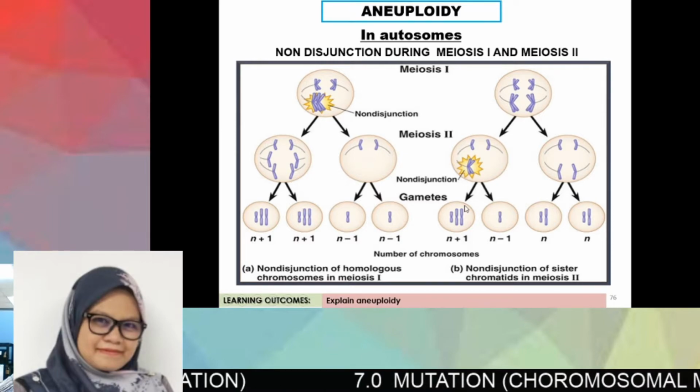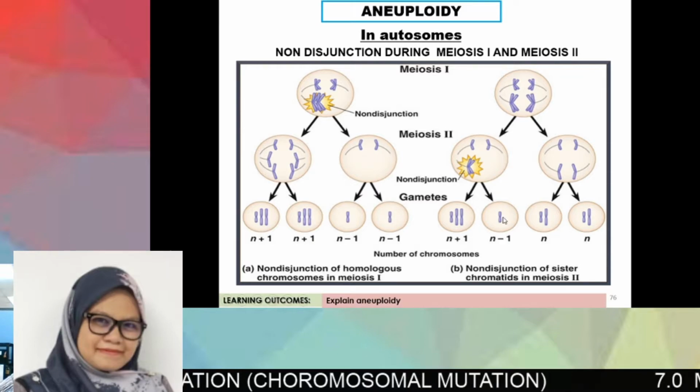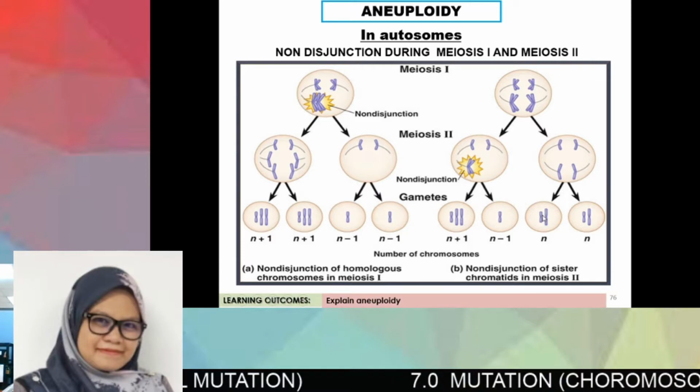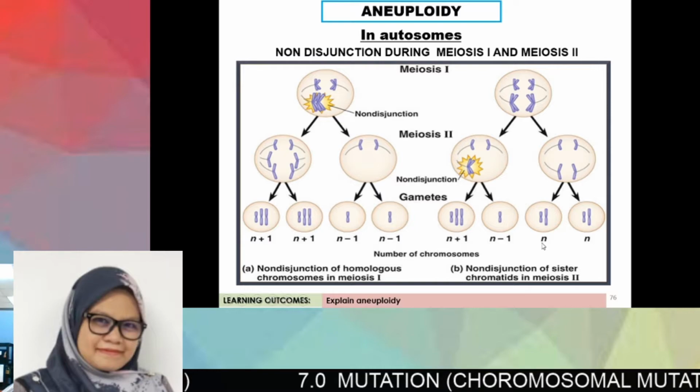At the end, the gamete or the daughter cell will have 3 chromosomes, and then this daughter cell has 1 chromosome. For this there is no problem. Each daughter cell carries 2 chromosomes because here it is normal, so that's why tak ada apa-apa masalah.